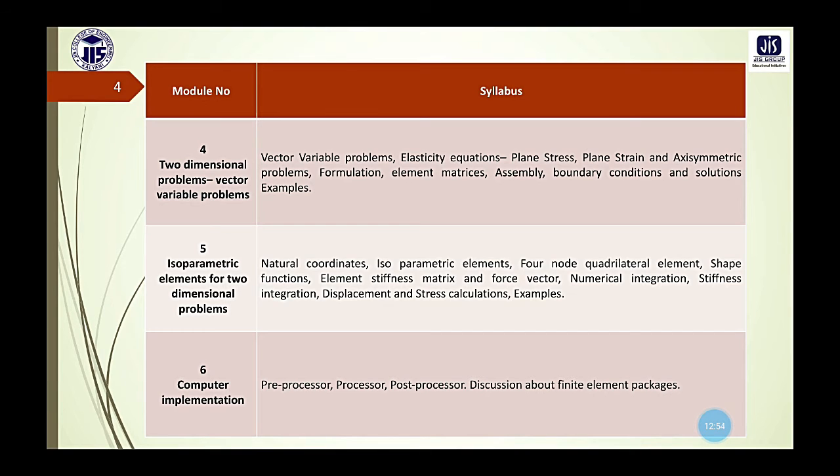So the basic fundamental concepts of stress, strain, then elasticity, elastic limit, Hooke's law, all these things that we have studied in our strength of materials course should be revised and should be very much clear to us.